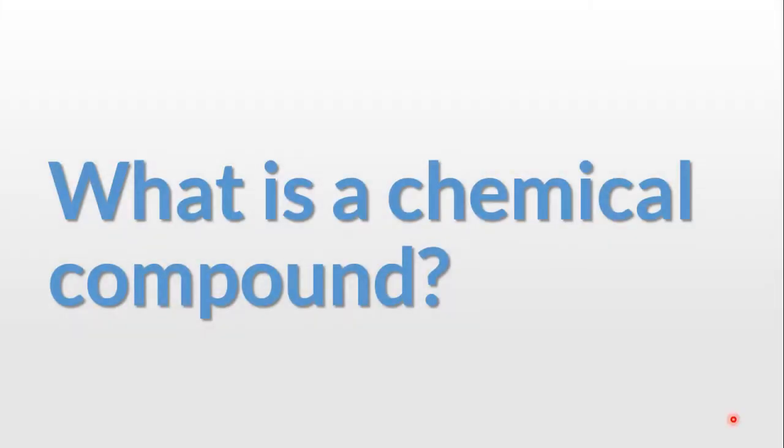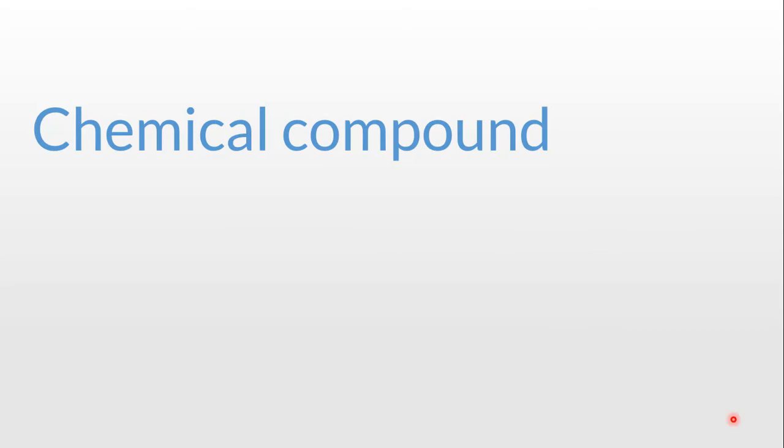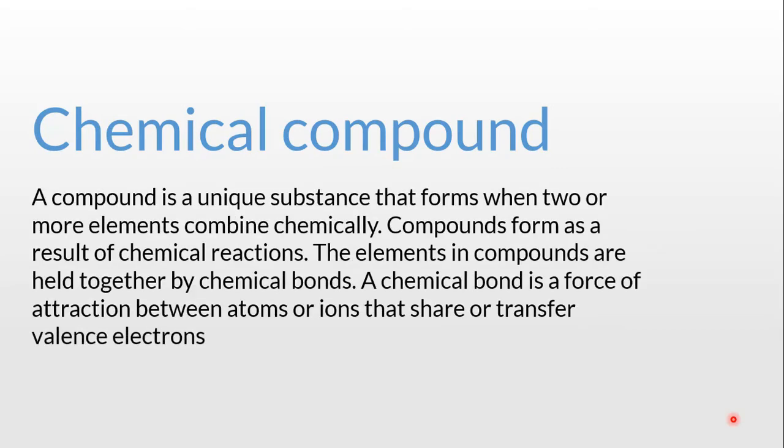Yes, so then what is a chemical compound? How do we define a chemical compound, or how do we explain a chemical compound? A compound is a unique substance that forms when two or more elements combine chemically. So compounds form as a result of chemical reactions. So a reaction is taking place to form a compound.